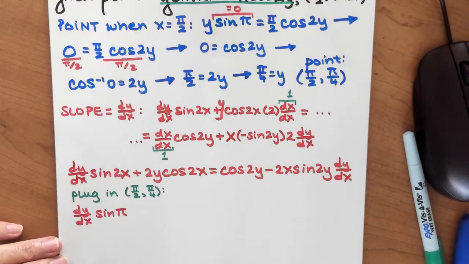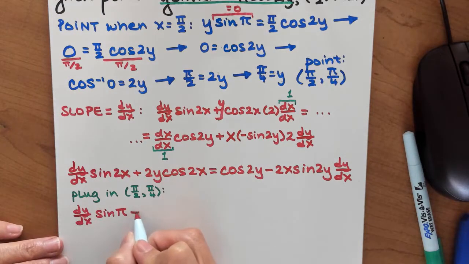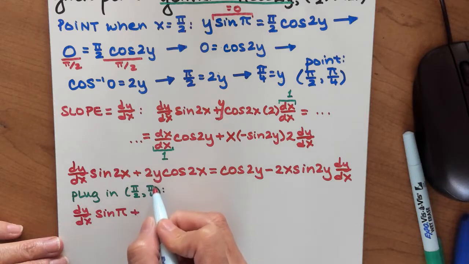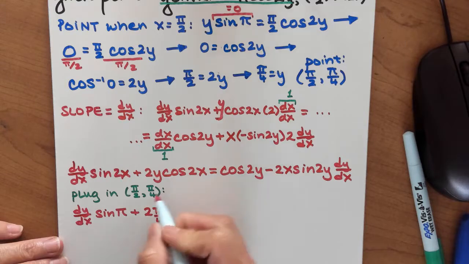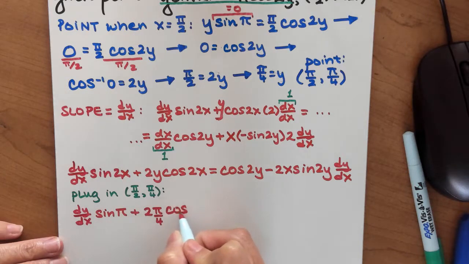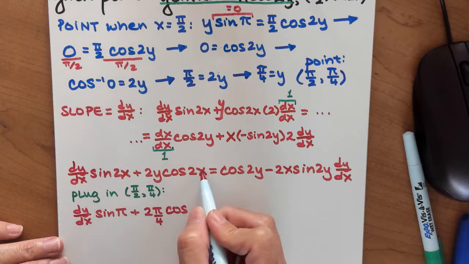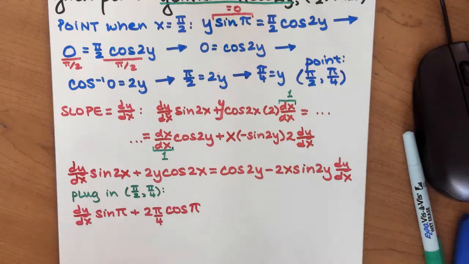That's going to be 0. That's nice. Plus 2 times pi over 4 times the cosine of, well, when I plug pi over 2 there, I'm just going to get a pi.